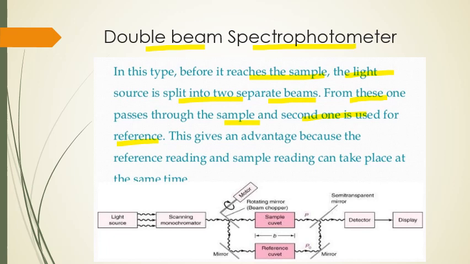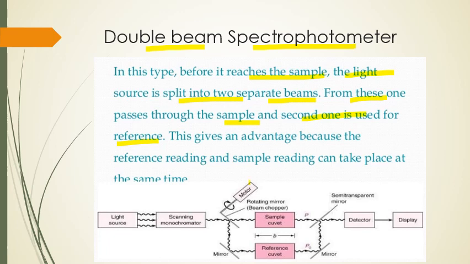The monochromator converts the polychromatic radiation into monochromatic radiation and allows it to pass to the sample, and there is a device which splits this beam of radiation into two equal halves.